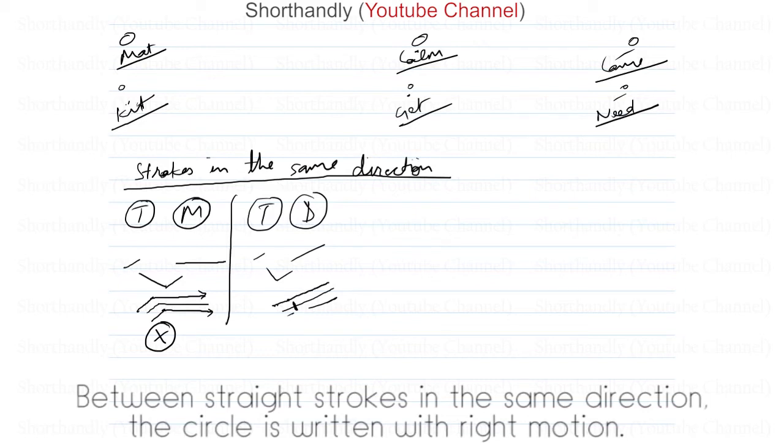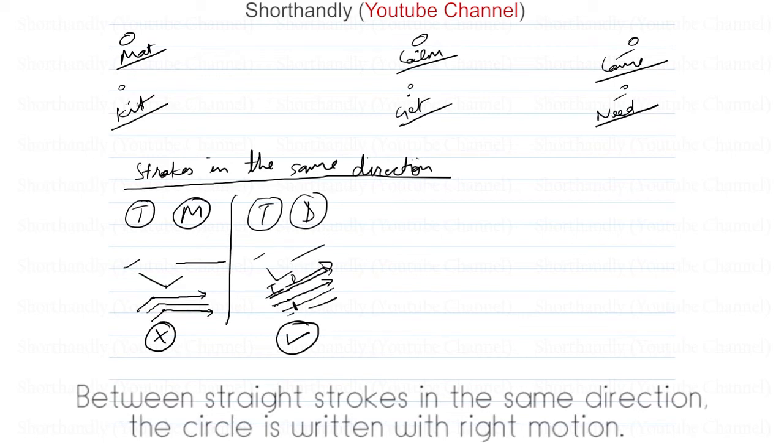It didn't change its direction. T went till here, then the D character also went in the same direction. So we will call this strokes in the same direction, because the strokes didn't change direction. I hope you understood strokes in the same direction.